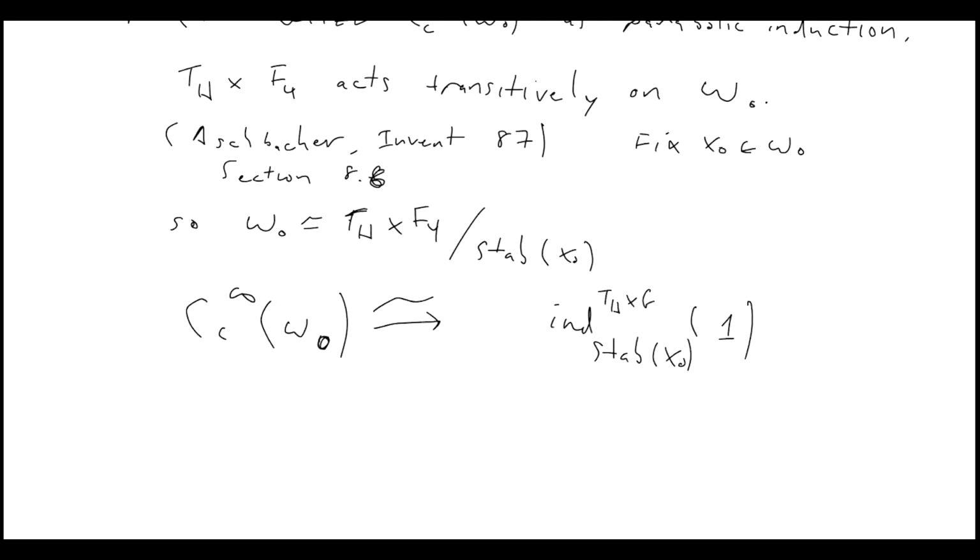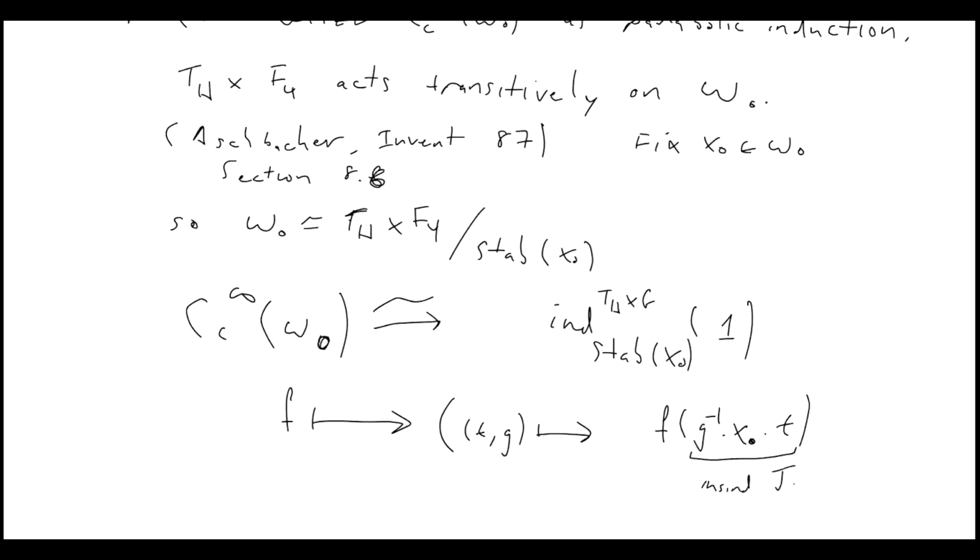We take some function F on this space, and we define a function on TH cross G, which sends (T, G) to F of G inverse X naught times T. Again, all of this is happening inside the Jordan algebra.